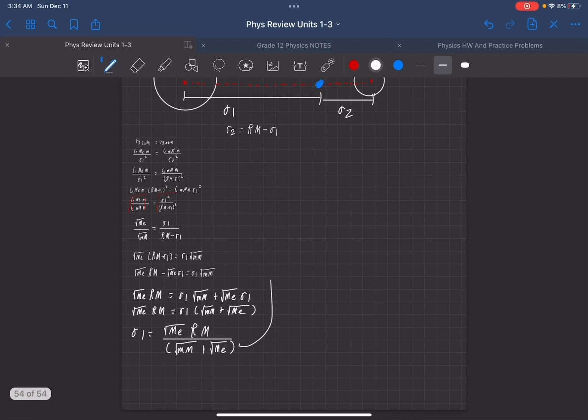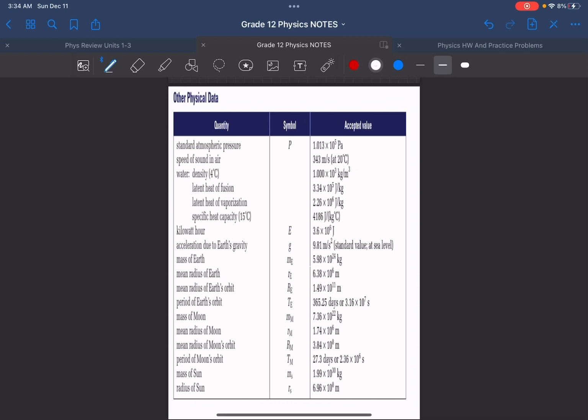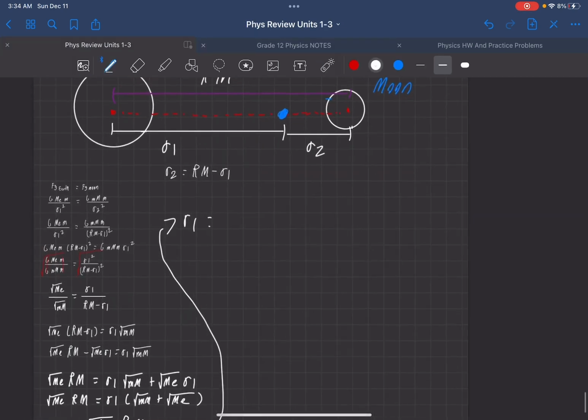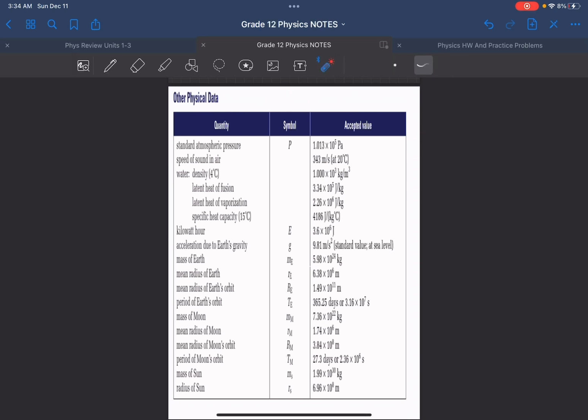Okay, so we go to our Appendix B for the mass of the Earth. So that's 5.98 times 10 to the 24. So R1 is equal to the root of 5.98 times 10 to the 24th times R_M. So R_M is the center to center distance of the Earth and the Moon, otherwise known as the mean radius of the Moon's orbit.